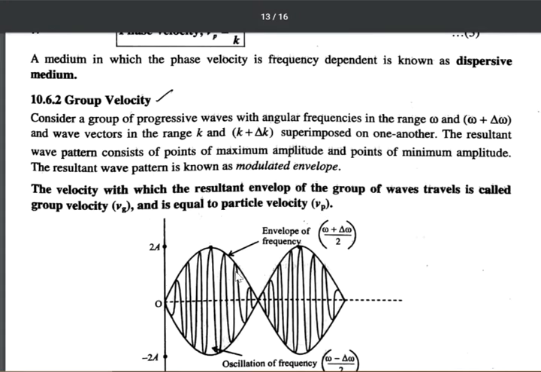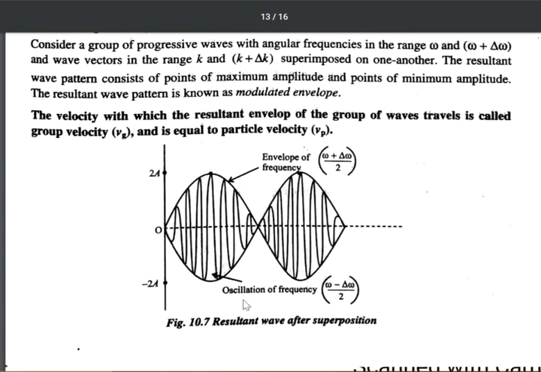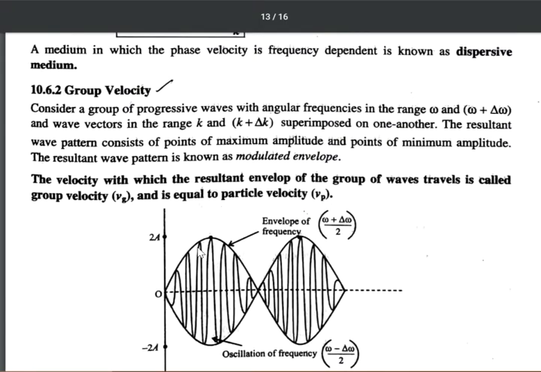Particle velocity is different from phase velocity. This is a superposition of a number of waves. It gives rise to a standing wave, and this is the envelope. The envelope frequency is omega plus delta omega by 2, and its oscillation frequency is omega minus delta omega by 2. So to understand this diagram, go through this explanation.